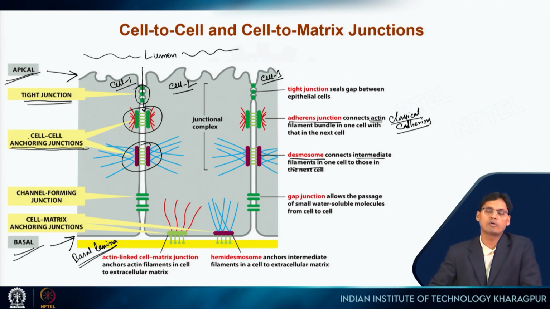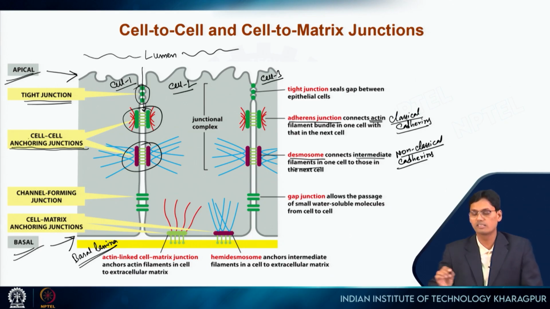We have more than 100 different types of cadherins in our body, and they are majorly categorized into classical cadherins and non-classical cadherins. In the desmosome, non-classical cadherins are involved.